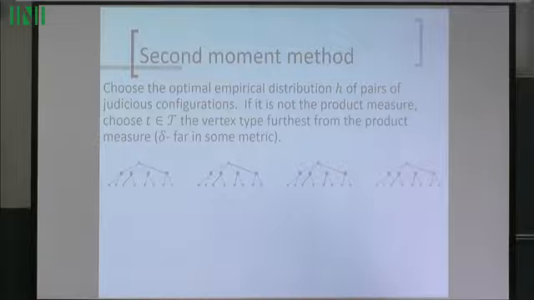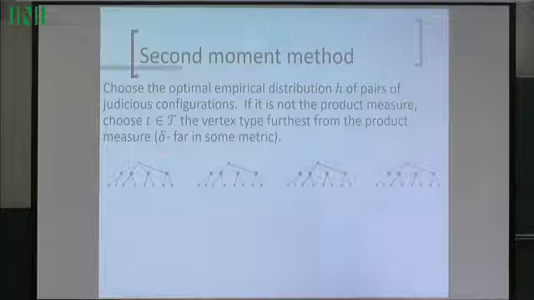We can do a resampling procedure, again like we did yesterday. We choose a pair of solutions according to the optimal empirical distribution, and suppose it's not the product measure. Then there'll be some vertex type t which is, in a sense, the furthest from being a product measure in some metric, let's say delta far.